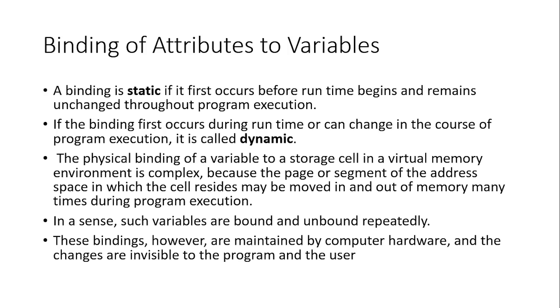For example, a = 5. That is a binding. This binding is static if it first occurs before runtime begins, that is, it will be set at compilation time itself, and remains unchanged throughout the program execution.